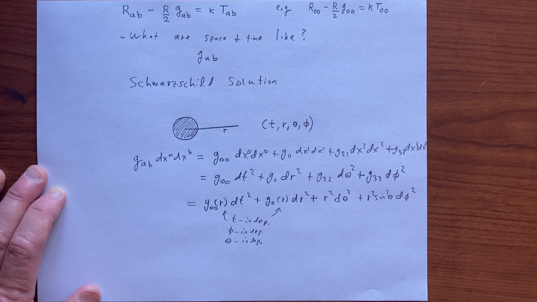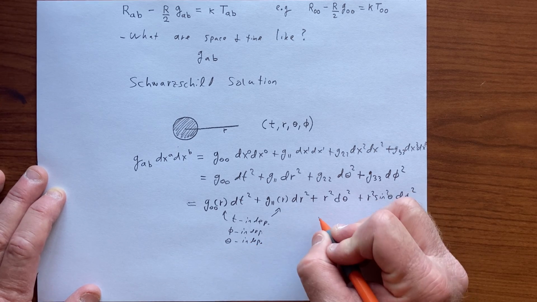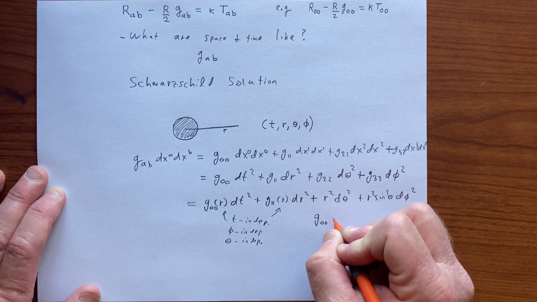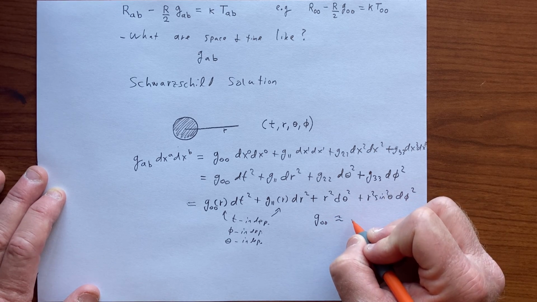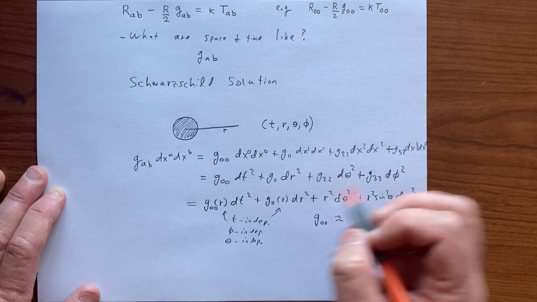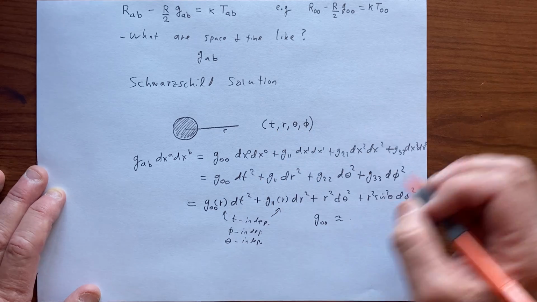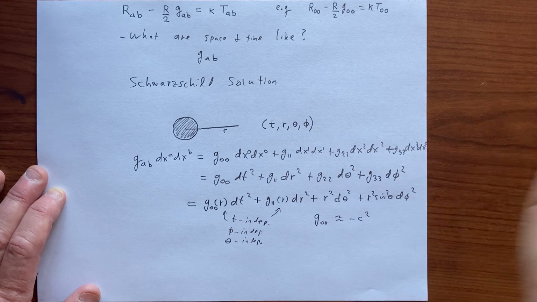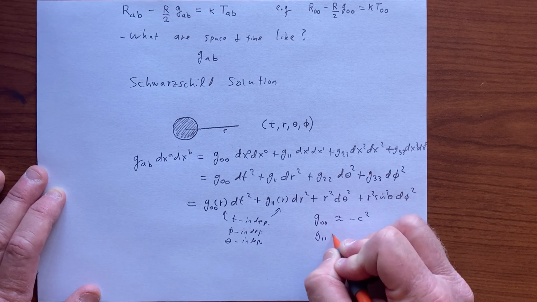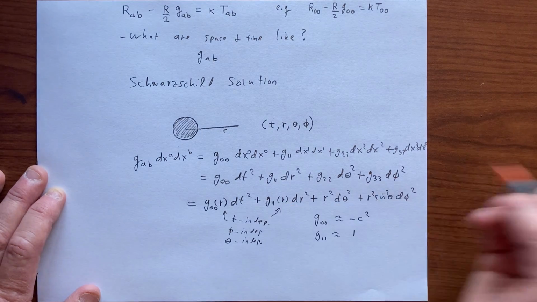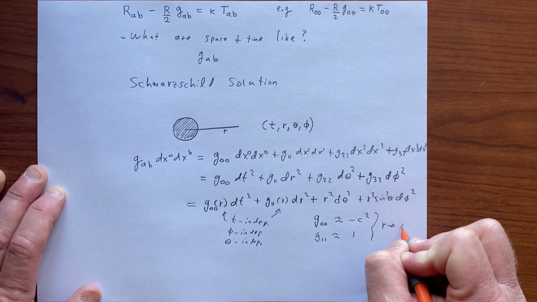We also know that g_00 must go to, whether positive or negative, depends on the signature. If there's a minus sign in front of the t, if our signature is minus plus plus plus, then this should be minus 1, or minus c squared, depending on whether we put c equal to 1. And g_11 in that case would reduce to just 1 for r going to a large value.